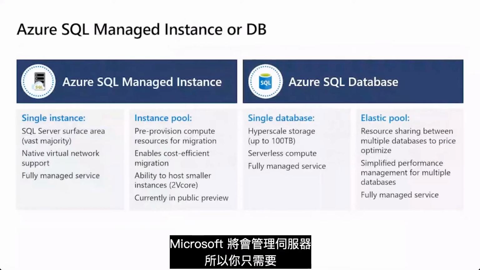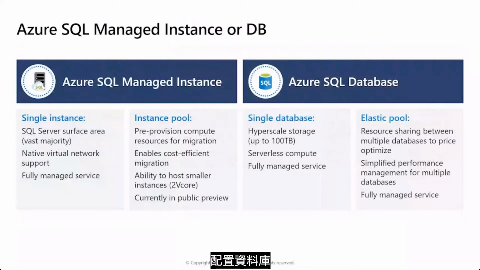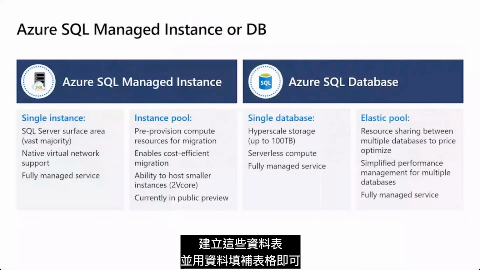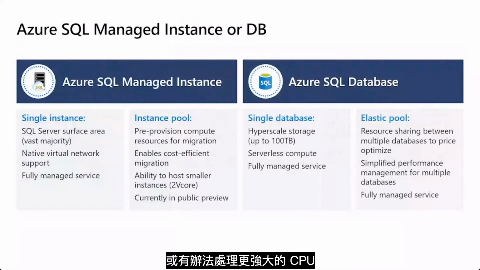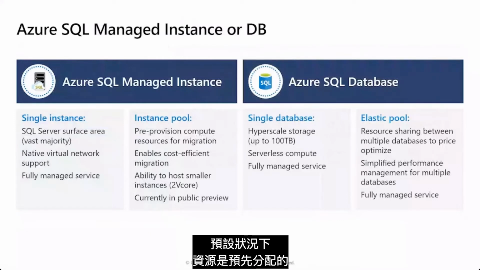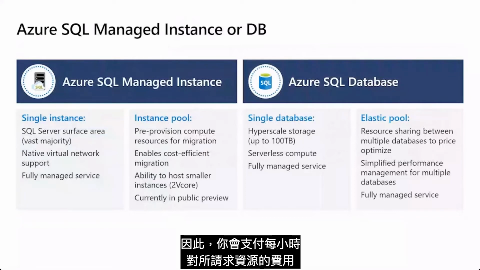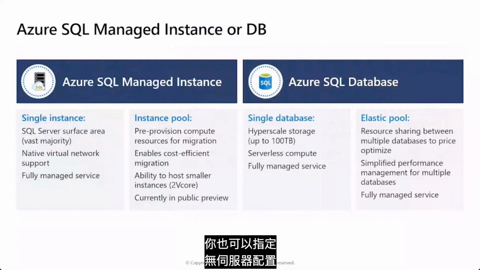Microsoft will manage the server so that all you have to do is configure the databases, create those tables, populate them with data, and you can scale the database with more storage or memory or processing power, CPU, if you need it. By default, the resources are pre-allocated, and so you're charged per hour for the resources you requested. You can also specify a serverless configuration.